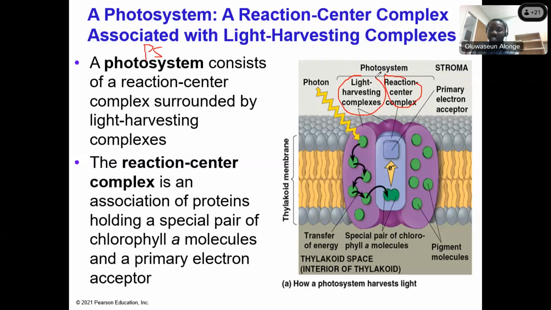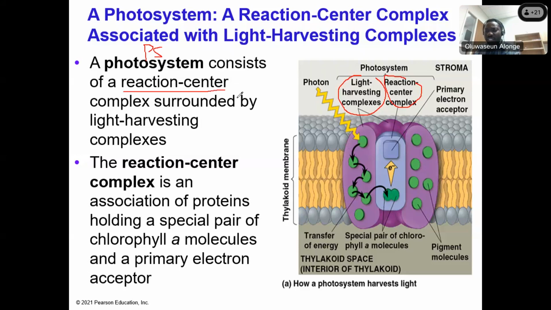The reaction center is where you see chlorophyll A itself. Now you will notice that this chlorophyll here has a different color from these pigment molecules. So we say that a photosystem consists of a reaction center.